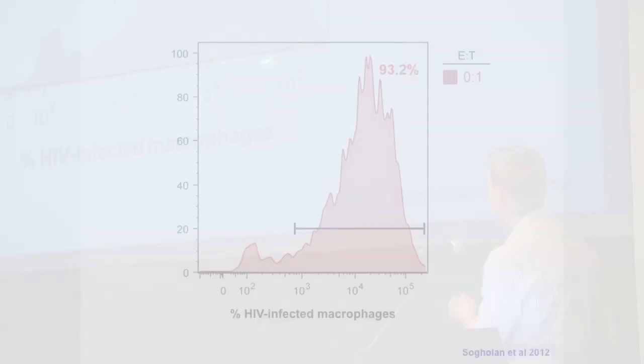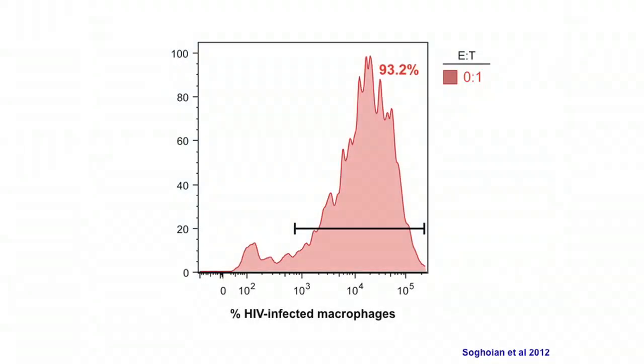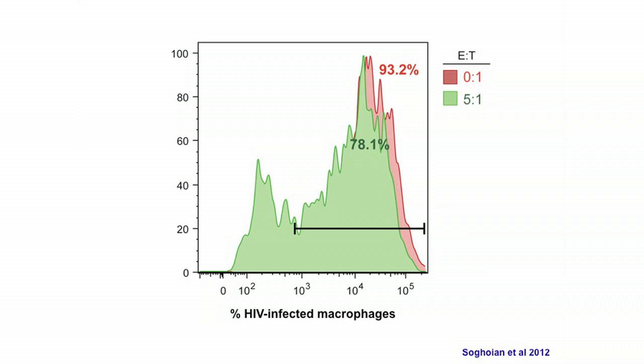You can see here that we get quite a high percentage of HIV infection of macrophages: 93% of the macrophages are infected. And when we add the autologous CD4 T cells, at an effector to target ratio of 5:1 we see about a 20% decrease of the HIV-infected macrophages.